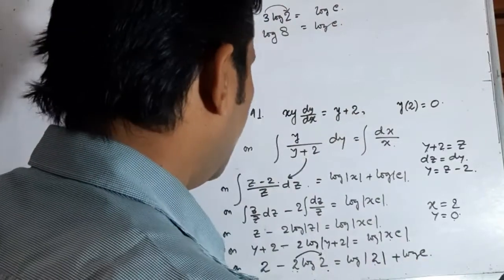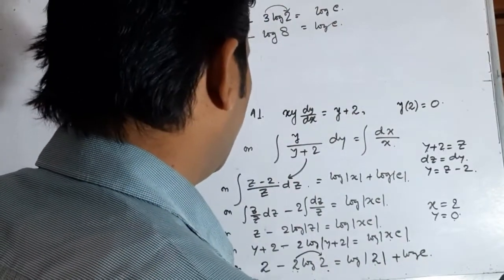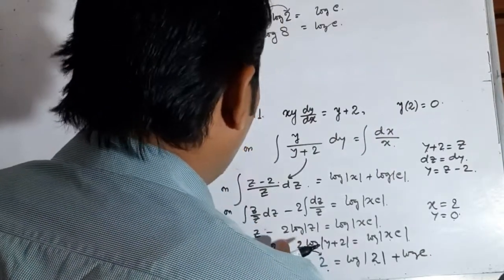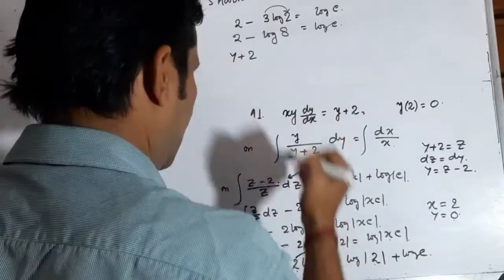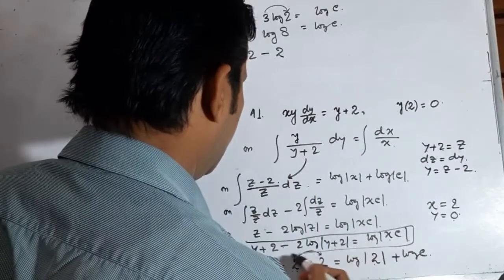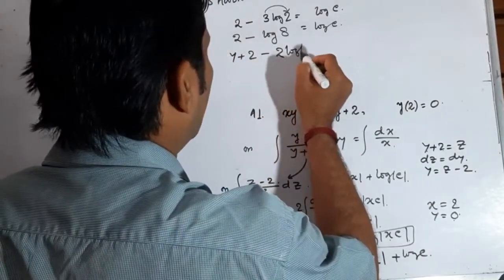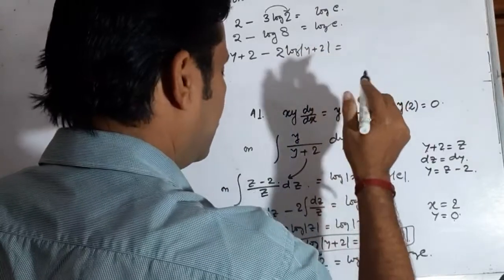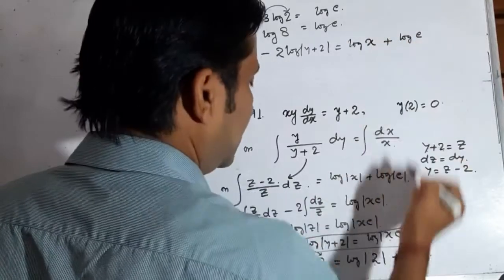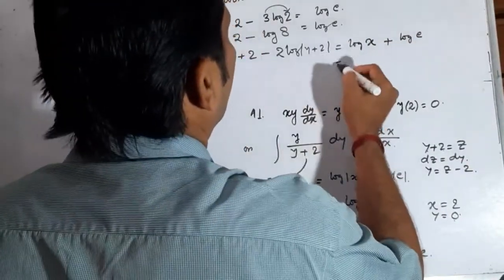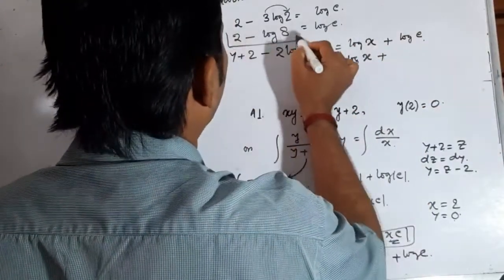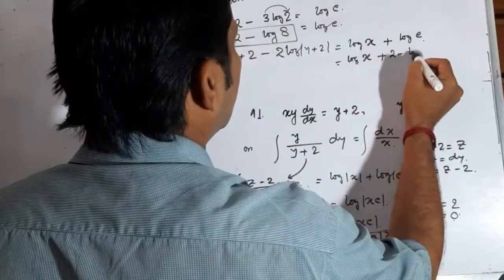So our required answer will be y + 2 minus 2 log(y + 2) = log x + log c, and log c is 2 minus log 8.